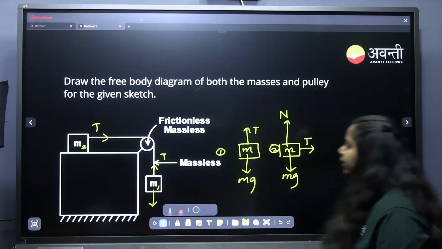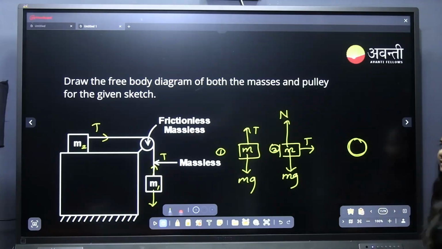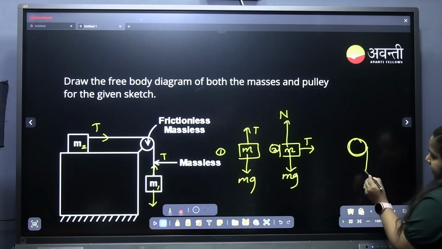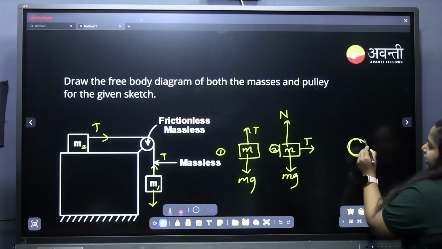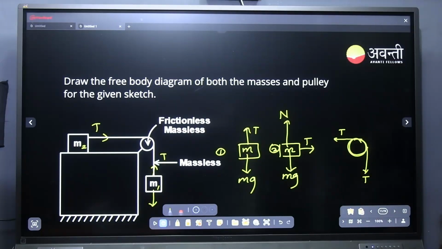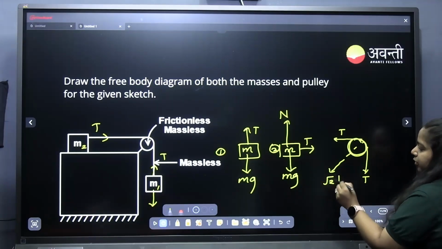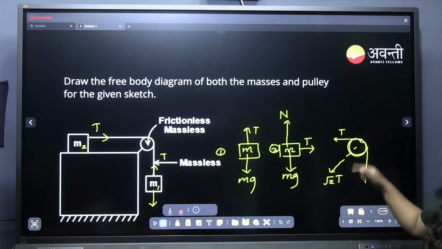Now if you take the pulley, the pulley is here. Since it is massless, we don't have to consider the mg of the pulley. The string is in this direction, so T is acting in this direction and T will be acting in this direction. Okay. So the resultant force on the pulley will be somewhat in this direction, that is root 2 T if you want. That is just an extra point.